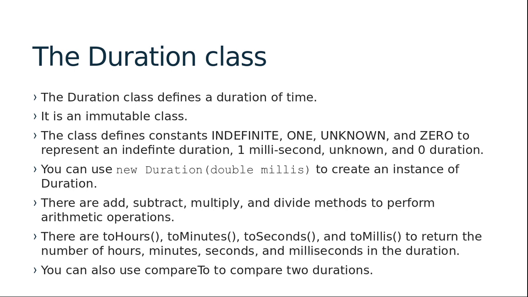It will also allow us to compare two durations, whether they are equal or not. It also allows us to define an infinite duration, or a 1 millisecond duration, or 0. This is an immutable class, so once you create an instance, you cannot change it. So that is the Duration class.